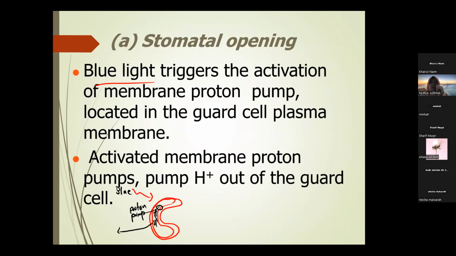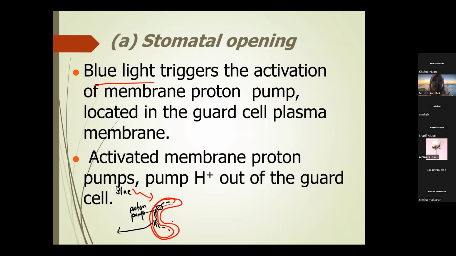So what happens? Bila hydrogen ion or proton is positive charge. So when a lot of positive charge is lost from the cell, the inside of the cell, atau kita panggil voltage of the membrane, will become negative. Inside of the membrane akan jadi negative. So keadaan ni tak boleh. So we need to balance the electronegativity.